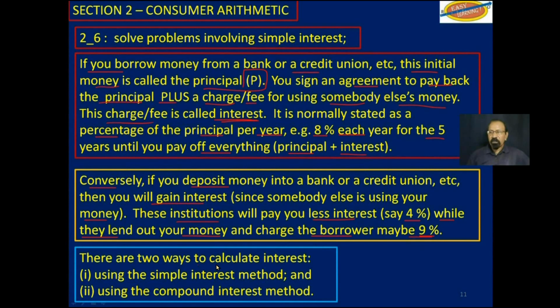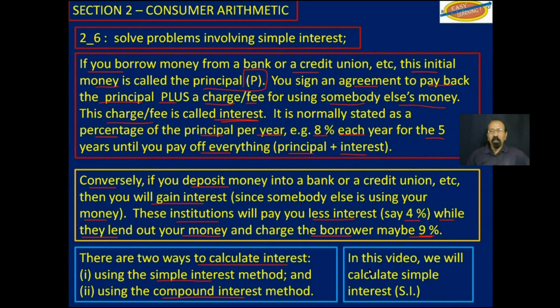Now, there are two ways to calculate interest. One is the simple interest method, and the other is the compound interest method. In this video, we will calculate simple interest.